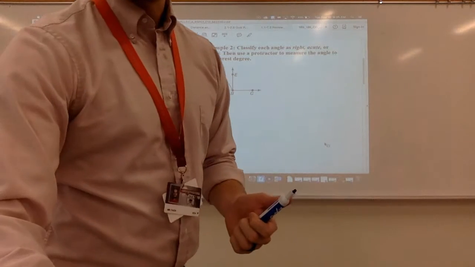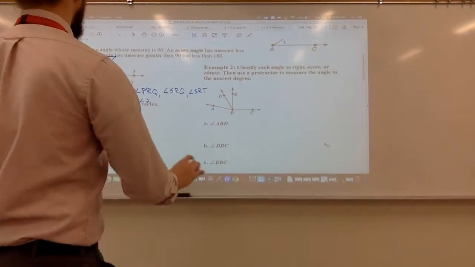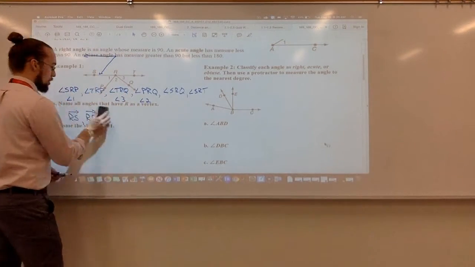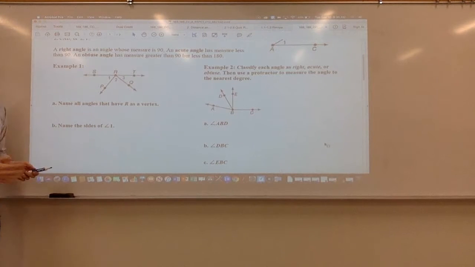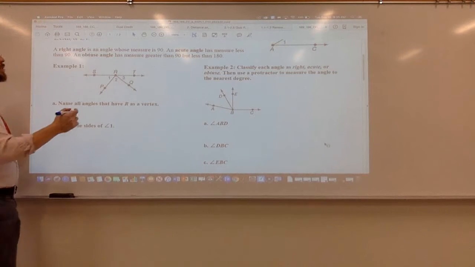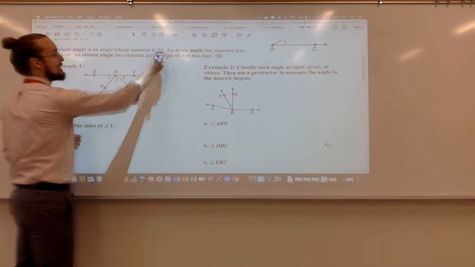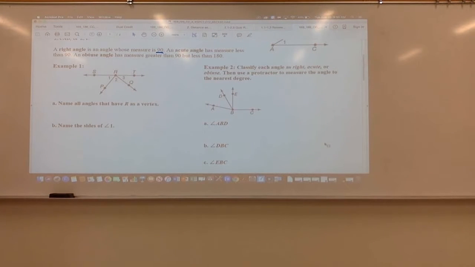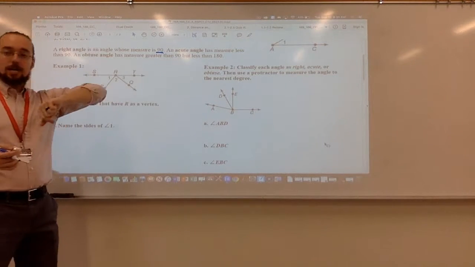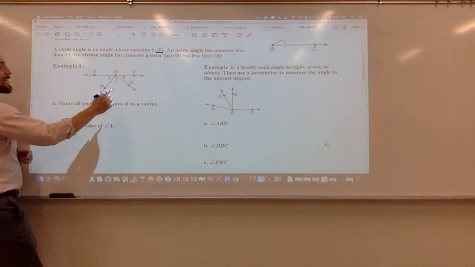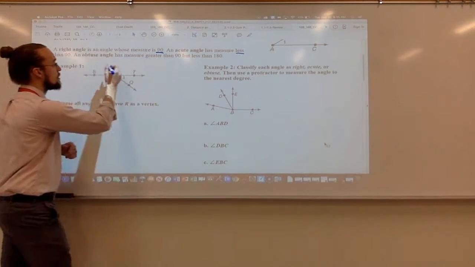Alright, so let's jump back up here to this sentence where we're talking about right, acute, and obtuse. There are blanks to fill in on your paper. I have them written up here on mine. A right angle is an angle whose measure is exactly 90 degrees. So make sure you jot these down in the blanks on your notes. An acute angle is less than 90.